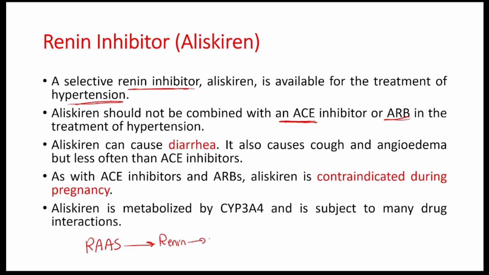This will lead to the formation of angiotensin 1, and then we have ACE leading to angiotensin 2, then we have the angiotensin 1 receptor. So this is the pathway for the medication. Our medication here, aliskiren, will inhibit renin.